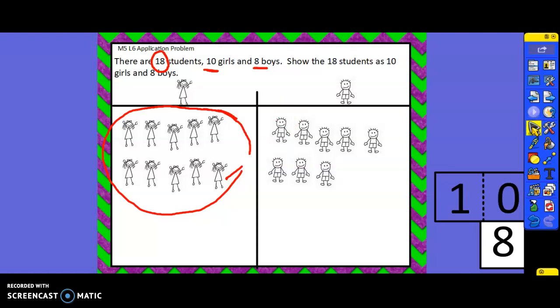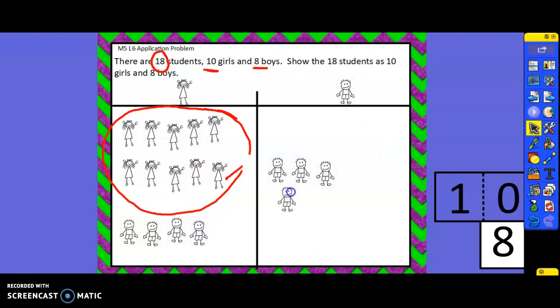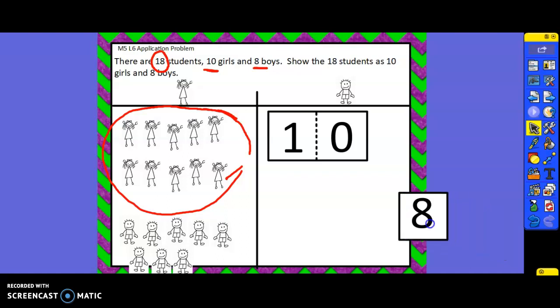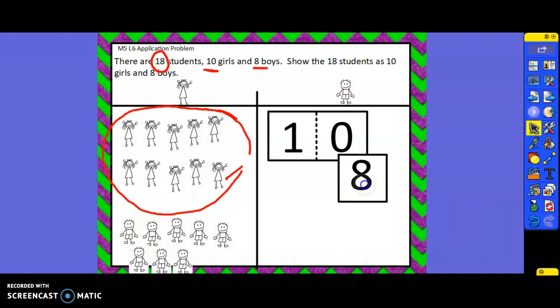So we have 10, 1, 10, 2, 10, 3, 10, 4, 10, 5, 10, 6, 10, 7, 10, 8. Look at that. We had 10 girls and we had 8 boys. That is the number 18.